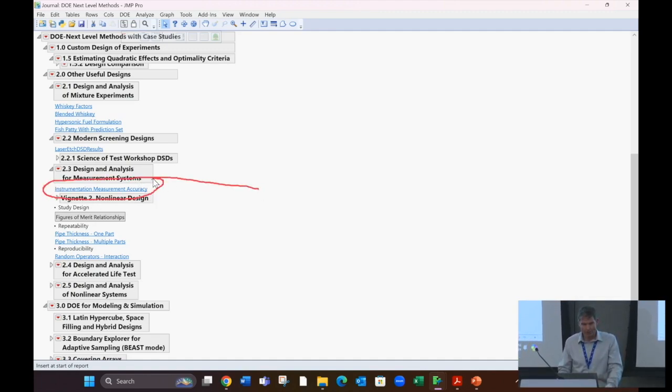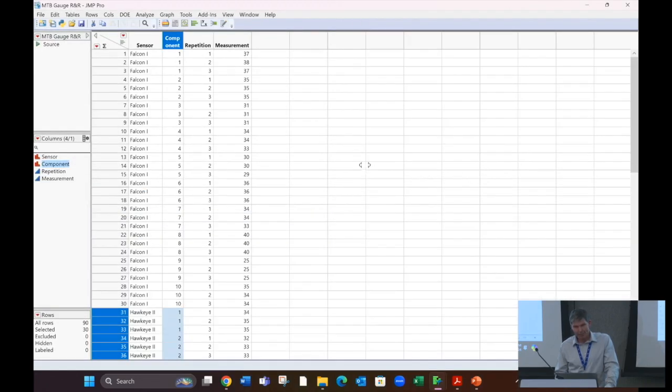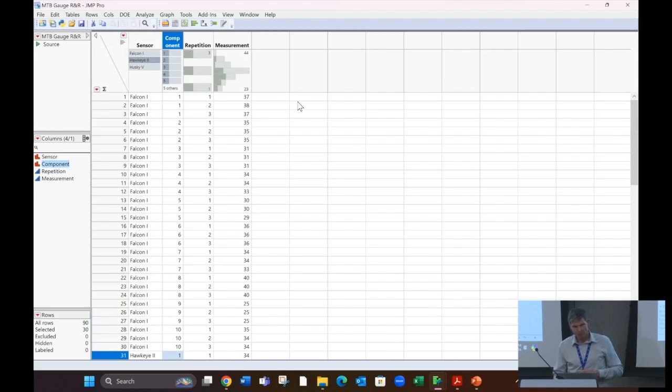Under 2.3 is this thing called instrumentation measurement accuracy. So I've got 3 sensors. Falcon 1, go Air Force Falcons. Hawkeye 2, Iowa Hawkeyes almost did it, right? And Husky 5, UConn.